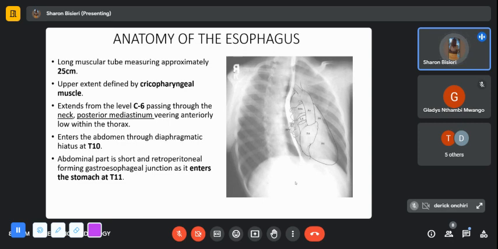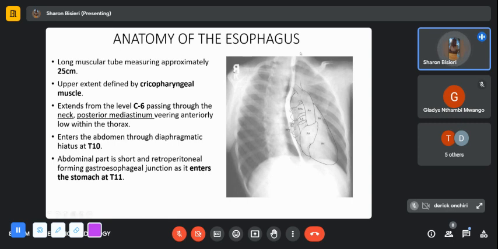Towards its inferior extent in the thorax, it veers slightly to the left before it pierces the diaphragm at T10. Then we have a short abdominal part of the esophagus, after which it joins the stomach at around T11. So that is just the normal anatomy, and the image to the right just shows the relations.